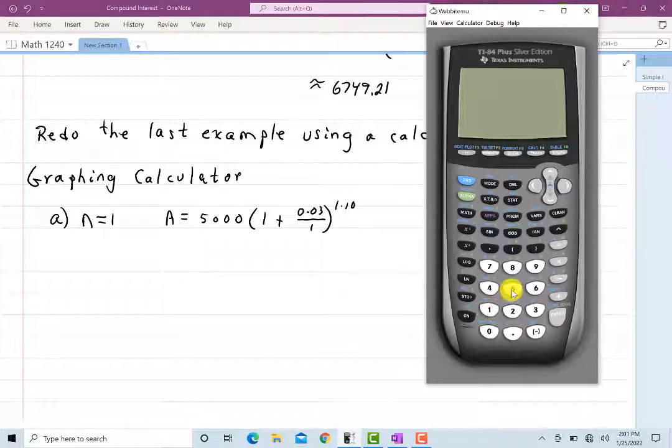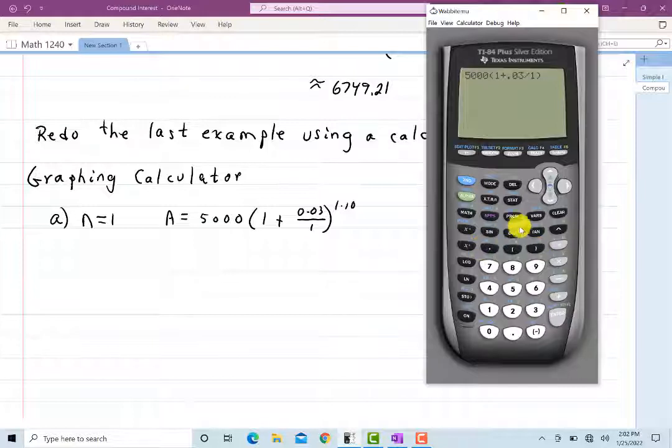So all I really have to do, watch how closely it mimics the look of the problem. I don't have to put a times or anything. I can start a parenthesis and do 1 plus 0.03 divided by 1.